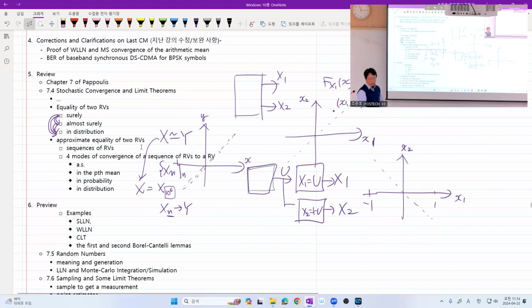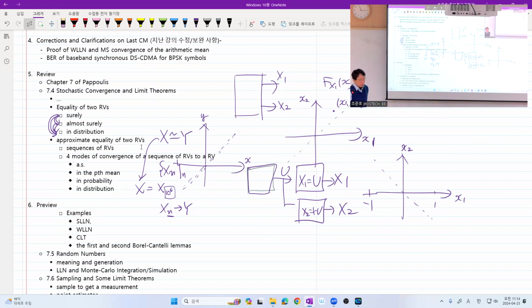I just presented that almost sure convergence implies convergence in probability and in distribution. And convergence in the p-th mean with p greater than or equal to 1 implies convergence in probability and convergence in distribution.